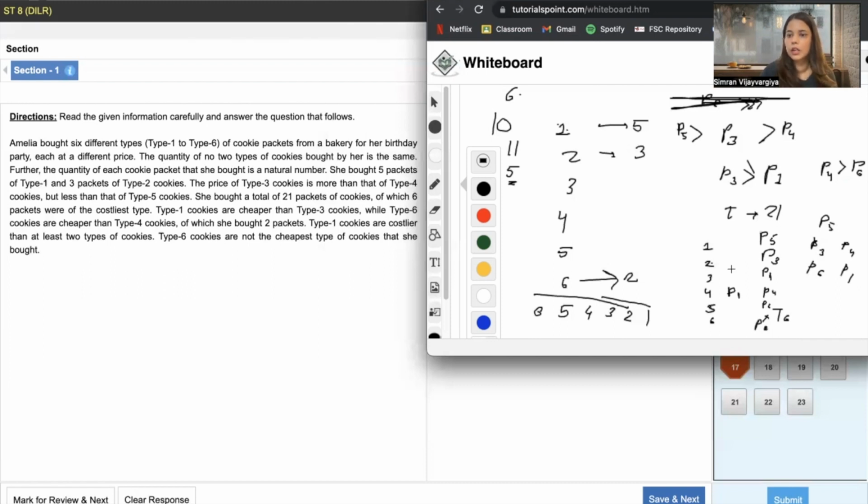Okay. In this case, P6 is not here. And P4 can't be here because P6 is not here. So P6 has to be here. P4 can be here because P3 is greater than P4. And P5 is here. In both cases, we have P2 as the least costly. Okay.